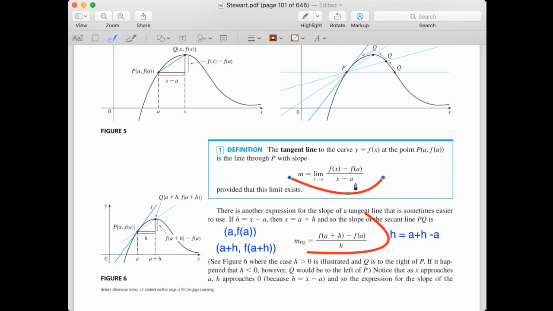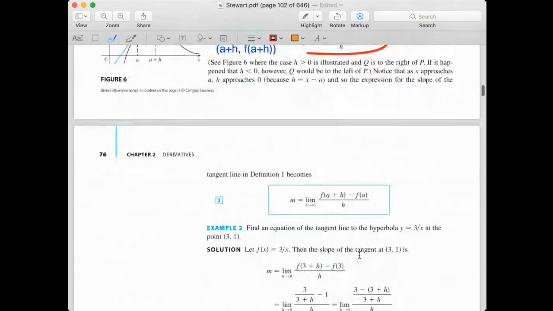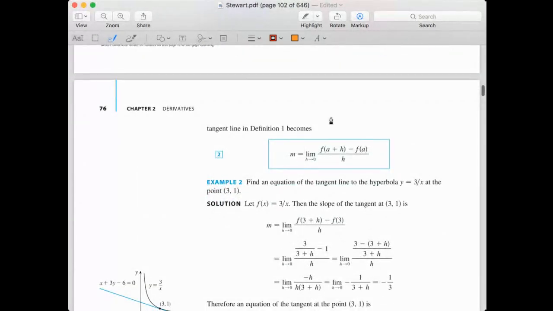All right. So here we have 2 points, A, f of A, and x, f of x. In this formula. But in this other formula, we have these 2 points, A, f of A, and A plus h, f of A plus h. And h we get from A plus h minus A. So that's why we can write it another way.